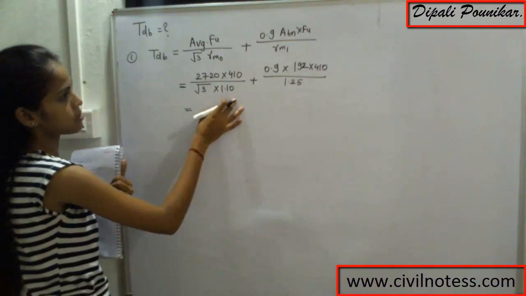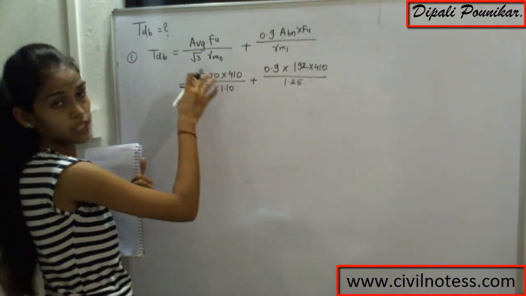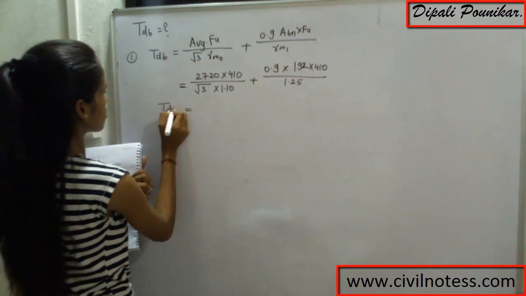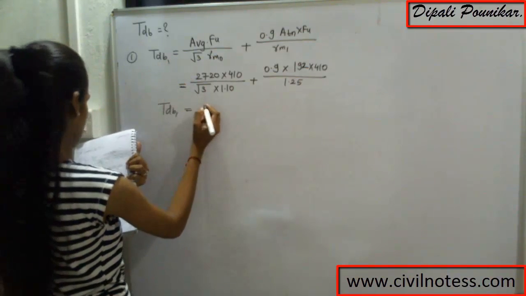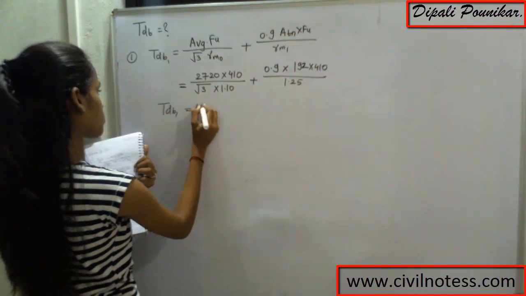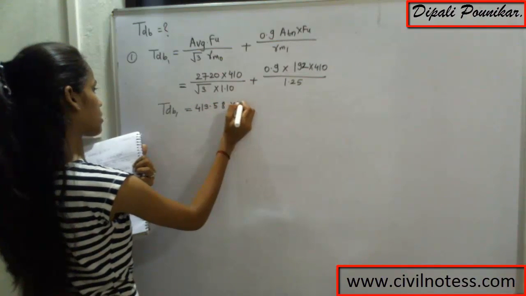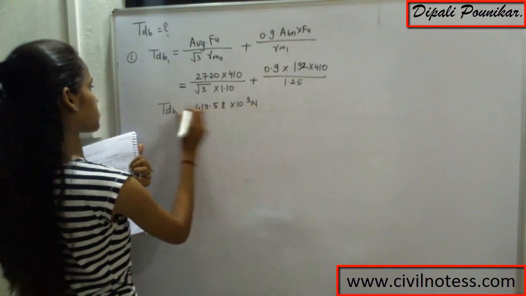After putting these values, we get the value of TDB1, that is 413.58 into 10 to the power 3 Newton.